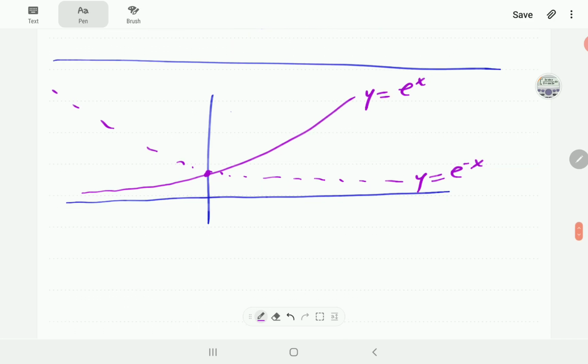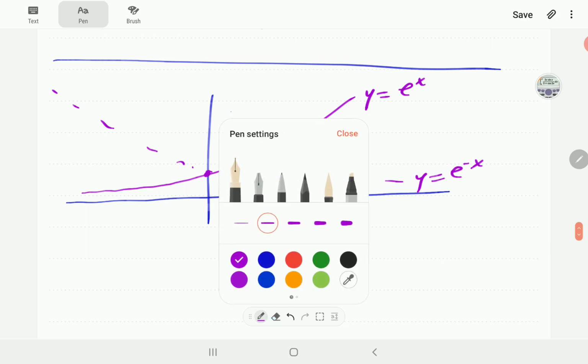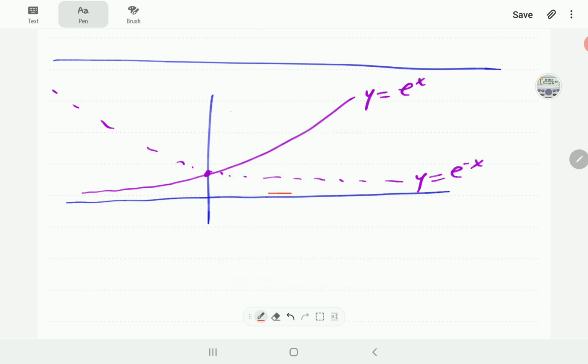Let's take y equals e to the x first. You're going to notice that as x becomes bigger and bigger, y is becoming bigger and bigger as well. So as x goes to infinity, y goes to infinity. So the limit of e to the x as x goes to infinity is infinity.